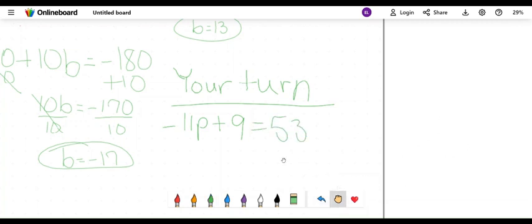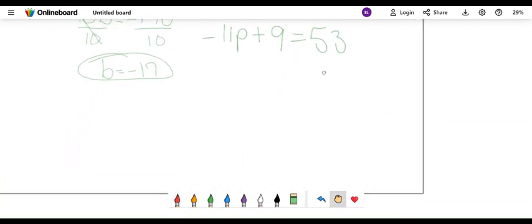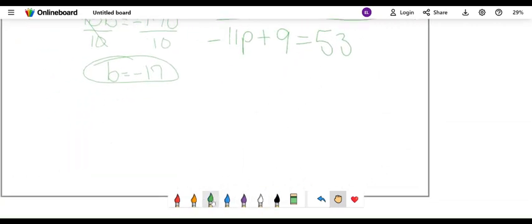And I want you to do negative 8 quantity of 5x plus 5 equals negative 280.